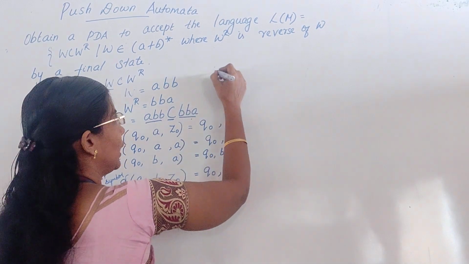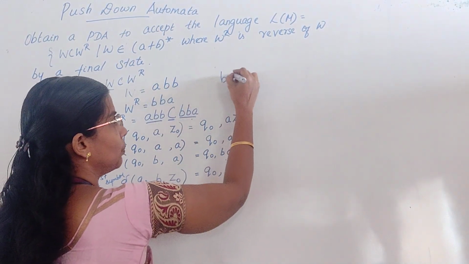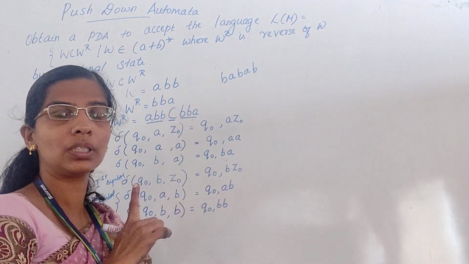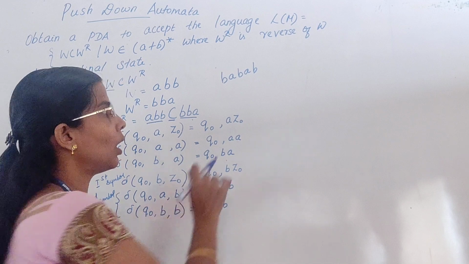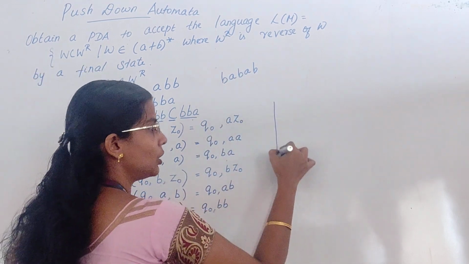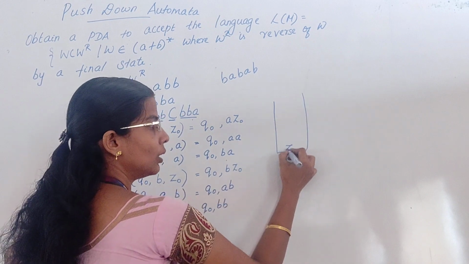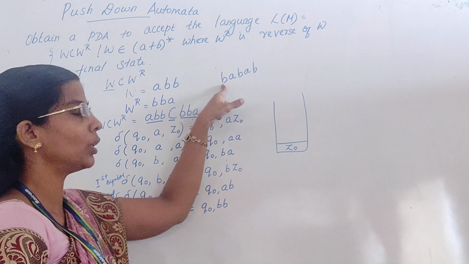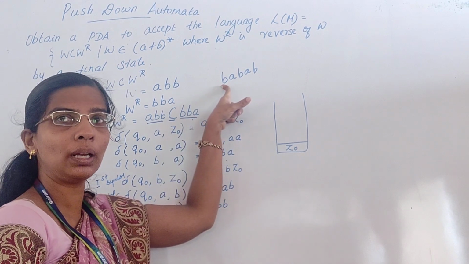You can take any example, I will take B, A, B, A, B. Suppose this is your W, how many input symbols are there? 5. Initially your stack is empty. Stack empty, how will you denote it? Z naught. So what is your first symbol?